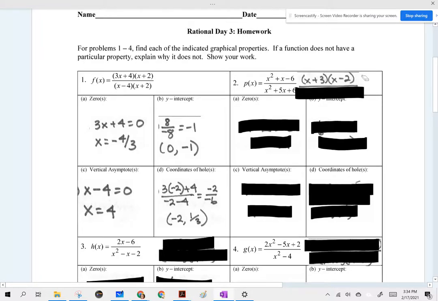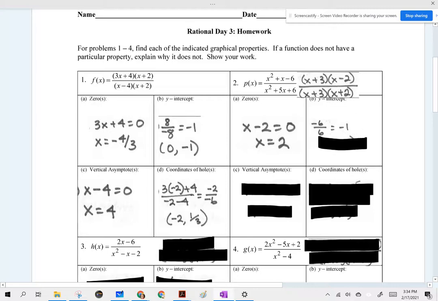All right, so here in factored form, hopefully you were able to factor that right. The zero is going to be x is equal to 2. Again, we want to be able to identify the non-canceling factor in the numerator. The y-intercept, you could just look right over here at those coefficients, and you end up getting the ordered pair (0, -1).